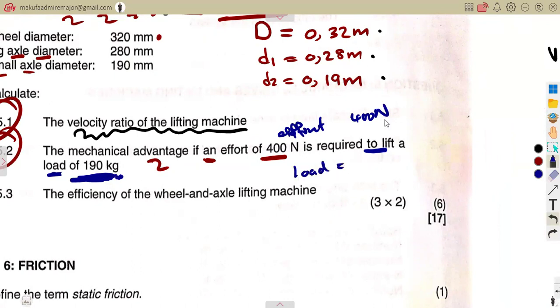Remember, this is supposed to be in Newton. So it's supposed to be mass times gravitational acceleration. That's 190 times gravitational acceleration of 9,8. So that was going to give us the load. You also need to know that load. So that was 1,862 Newton.